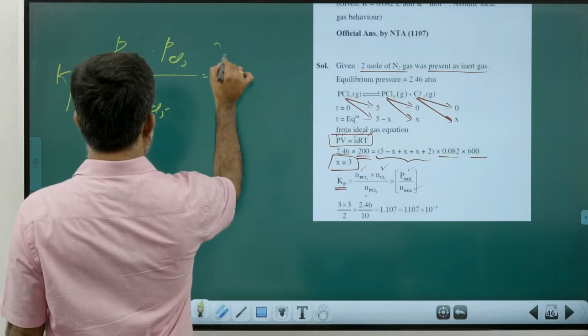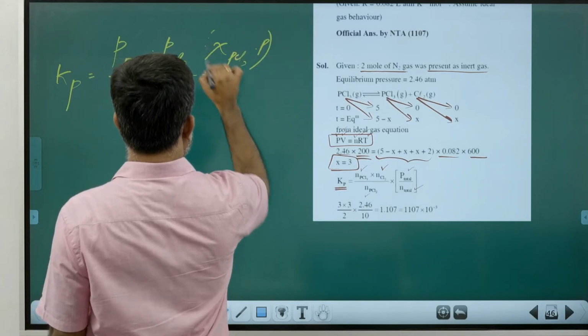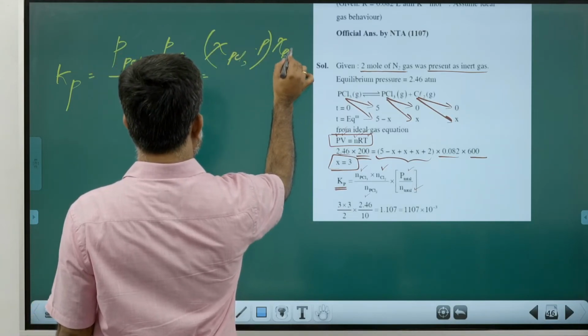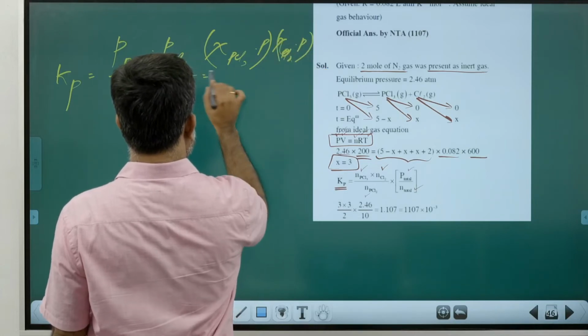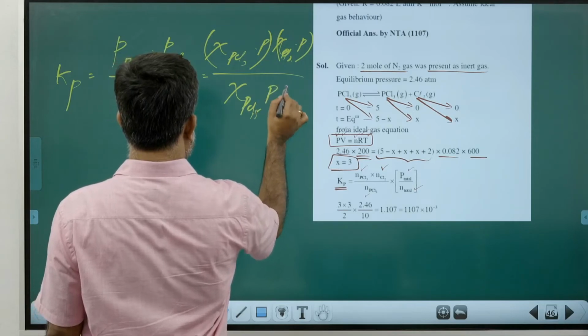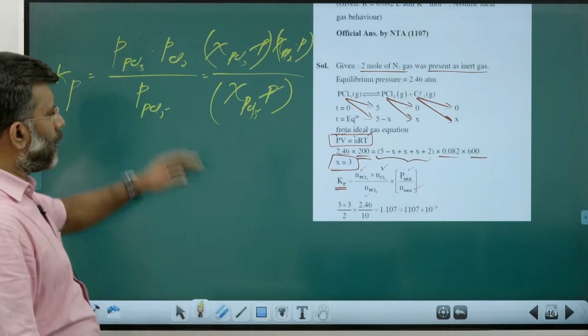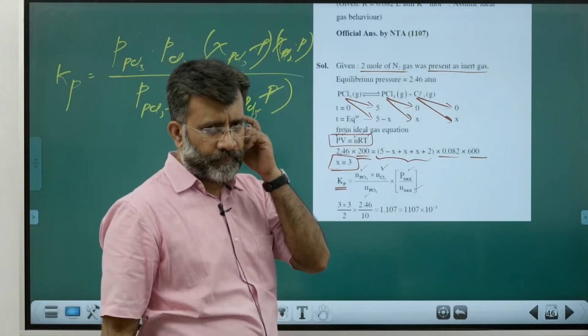That will be the mole fraction of PCl3 into total pressure, mole fraction of Cl2 into total pressure, divided by the mole fraction of PCl5 into total pressure. One P will get cancelled.